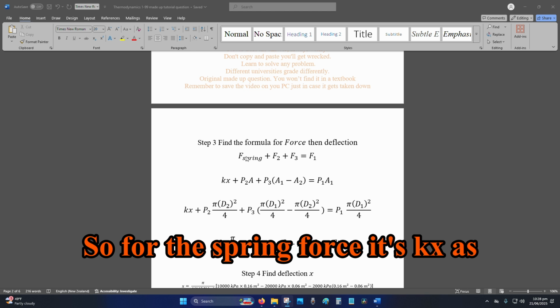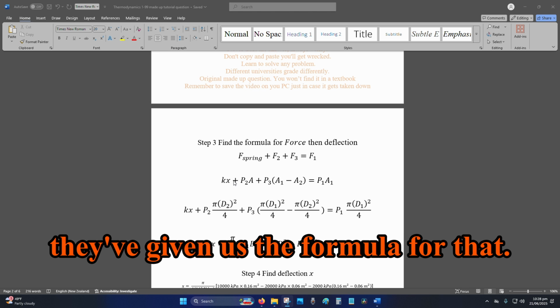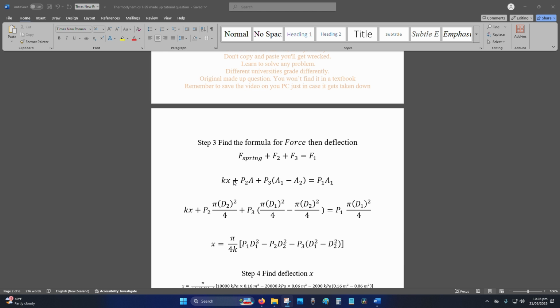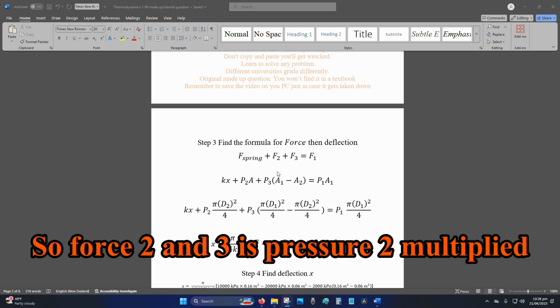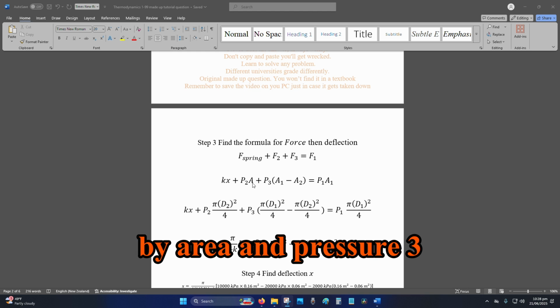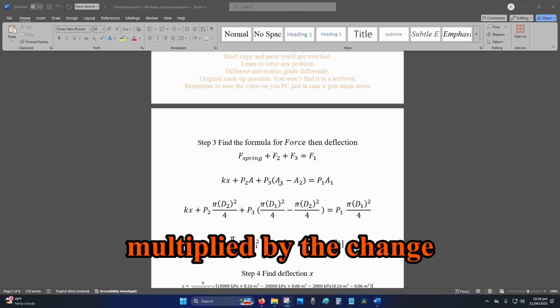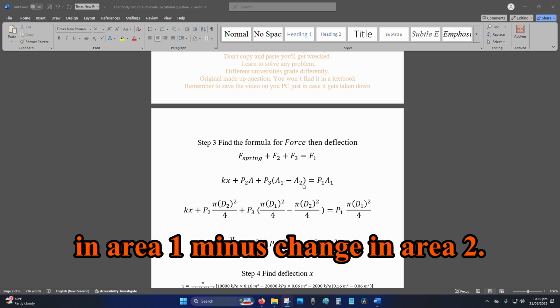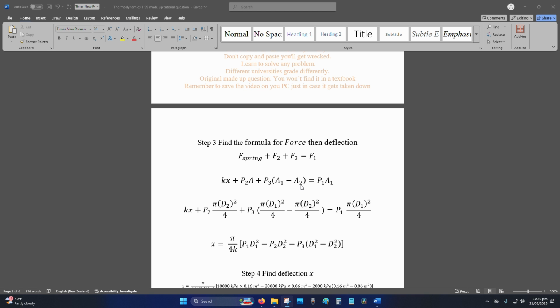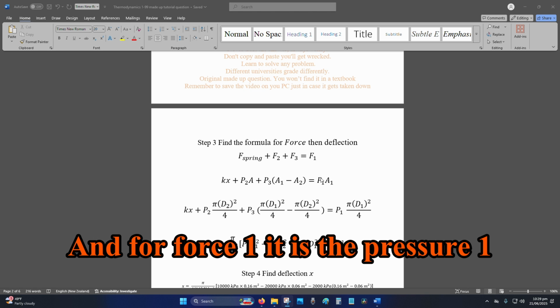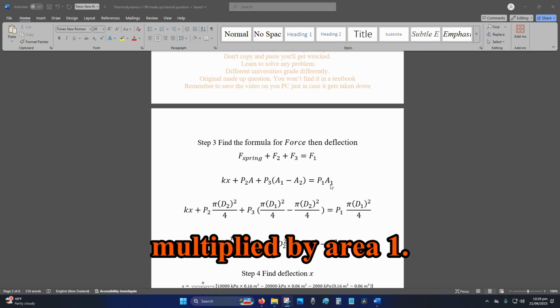So for the spring force, it's Kx, as they've given us the formula for that. So force 2 and 3 is pressure 2 multiplied by area, and pressure 3 multiplied by the change in area 1 minus area 2. And for force 1, it is the pressure 1 multiplied by area 1.